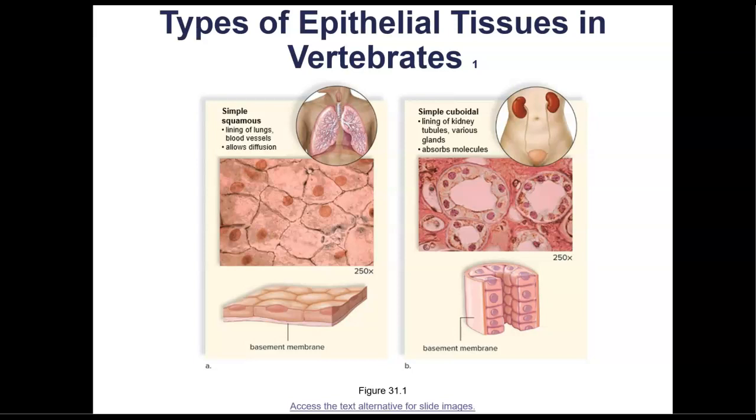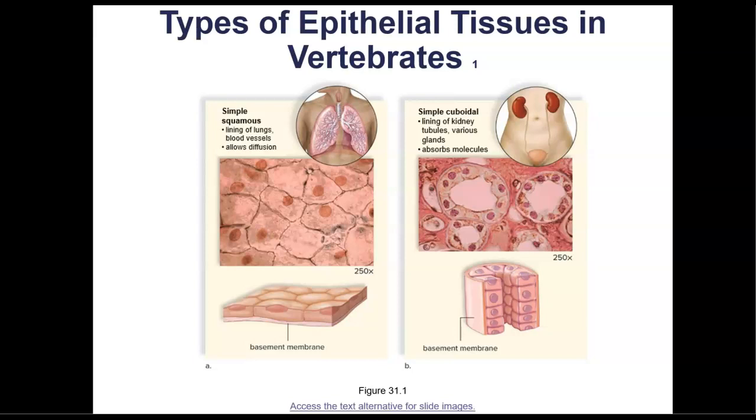Now let's look at some images. You have microscopic photographs, micrographs, as well as illustrations of the tissue type. I want you to be able to recognize some of these basic tissue types and also know the examples that I give you of where they're located.